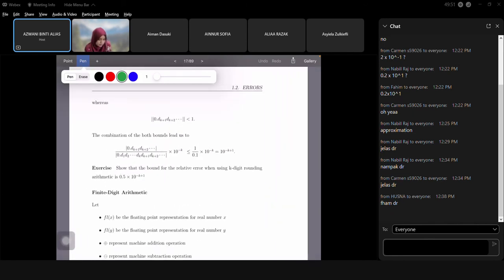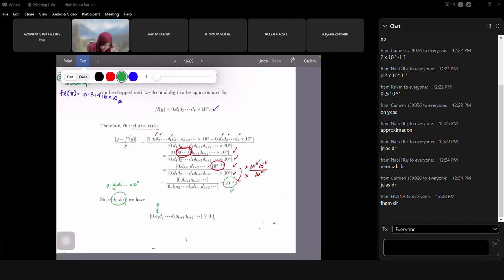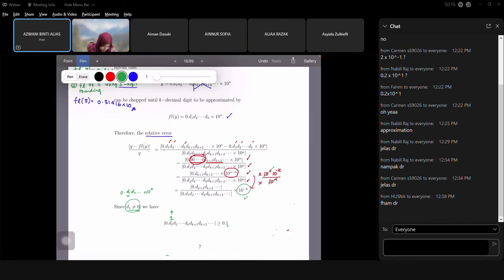Whereas, okay, yang tadi adalah untuk denominator tadi. Yang this part adalah untuk they define the denominator.